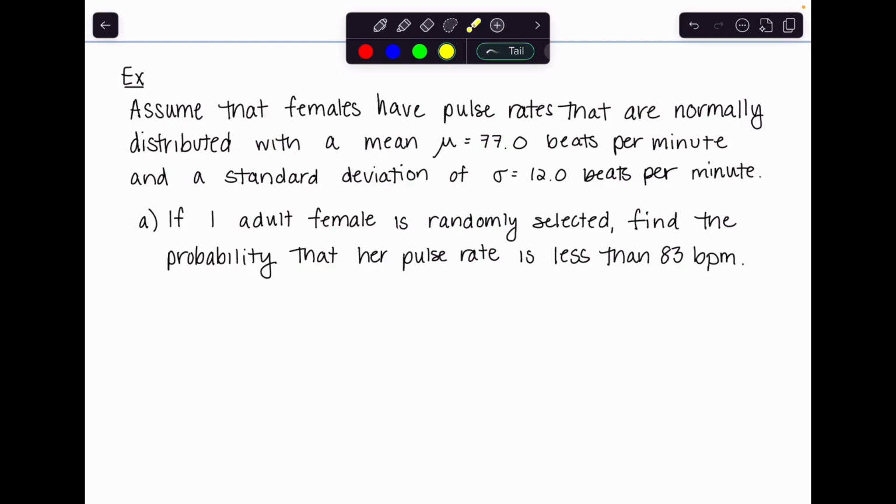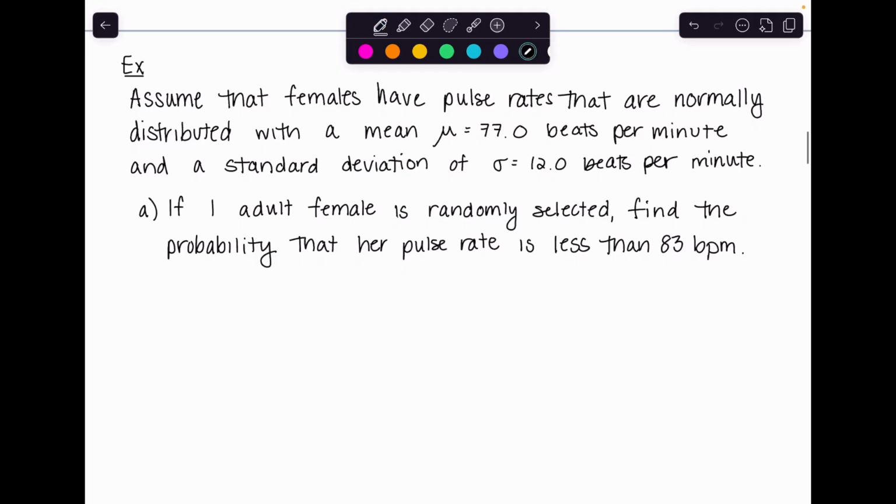One of the things we have to figure out is whether it is a sample or just a standard real population problem. Because I'm only working with one adult female being selected, we're going to use our regular distribution to figure out the probability.